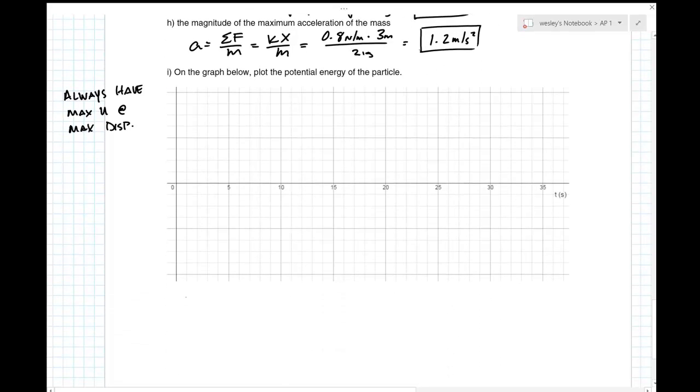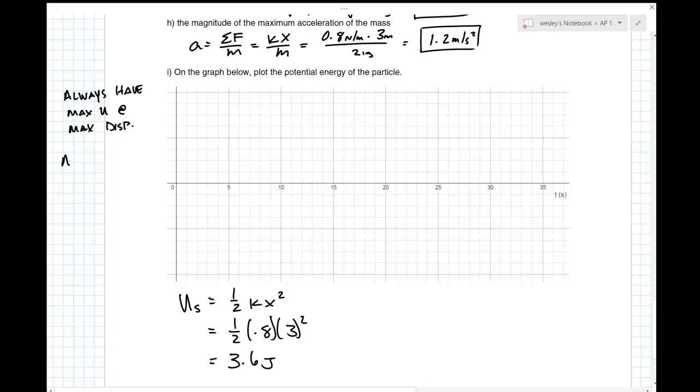If we look at a spring, the spring potential is 1/2 kx squared. So when x is big, potential energy is as big as it's going to get. So it's 1/2 times 0.8 times 3 squared. That's my maximum potential energy. So for this problem, that comes out to be 3.6 joules. But it's always at maximum displacement.